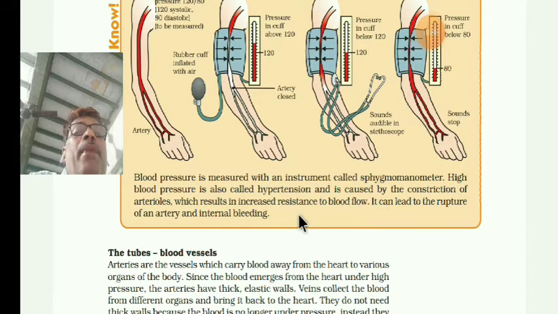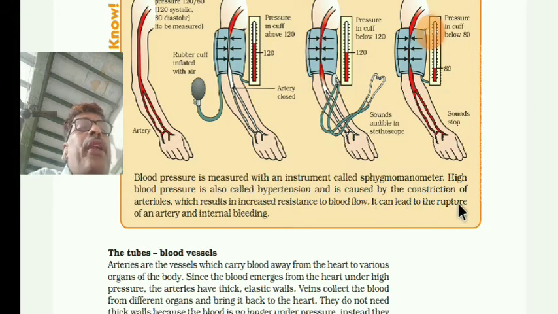High blood pressure is also called hypertension. It is caused by the constriction of the arterioles, which results in an increase in the resistance opposing the blood flow.